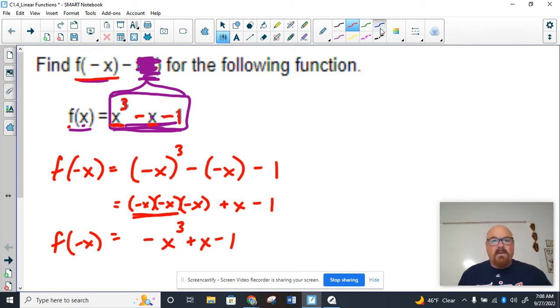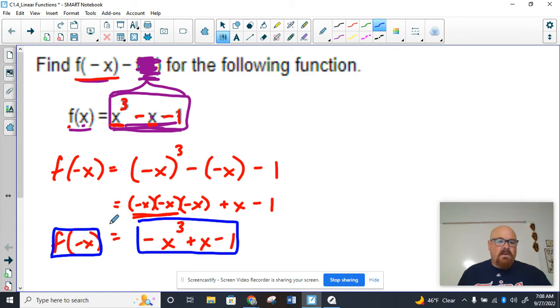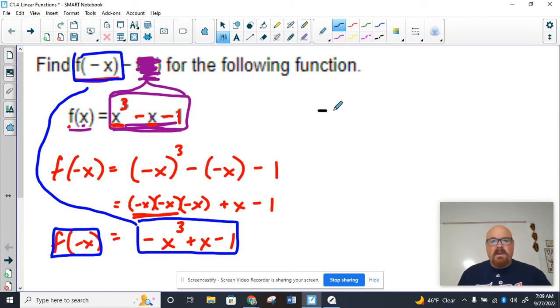So if I could color code this even a little bit more, this is the same thing as this. I'm taking what's in the blue here, and I'm going to substitute it in for this entire statement. So what we get is negative x cubed plus x minus 1, and we're going to put that in parentheses.